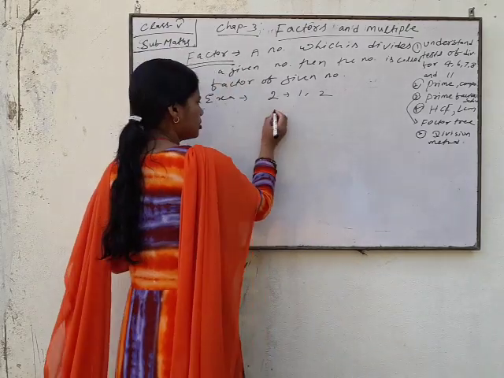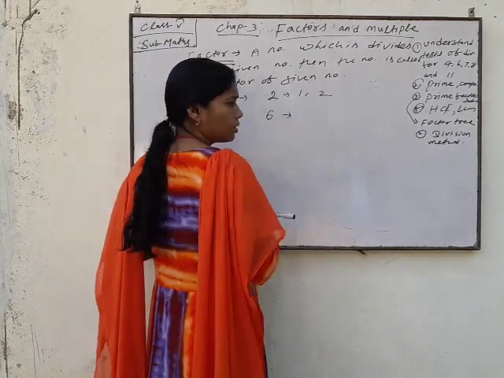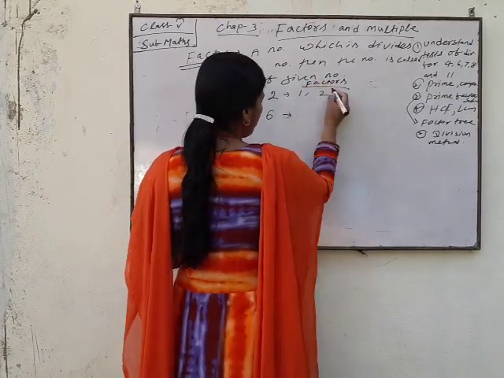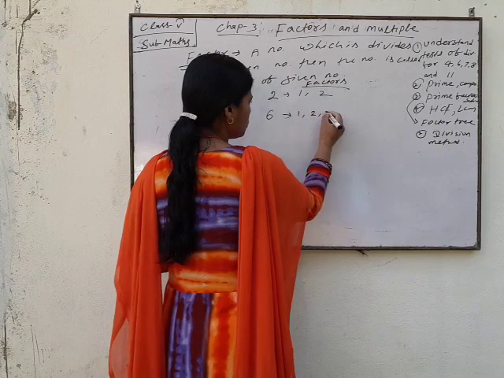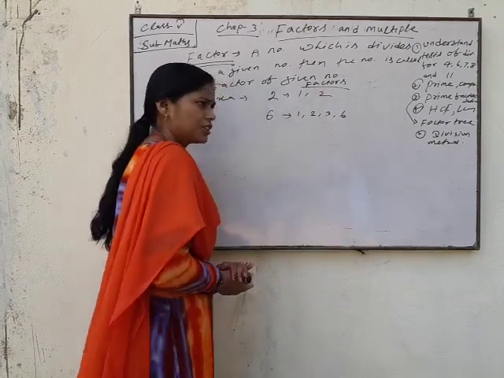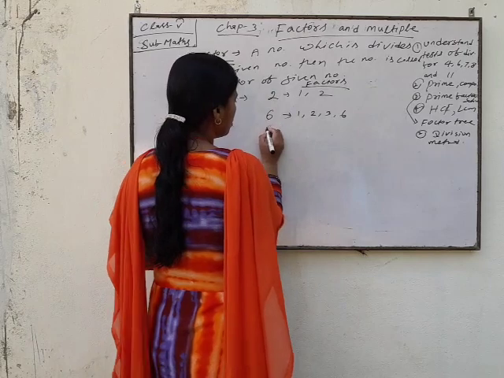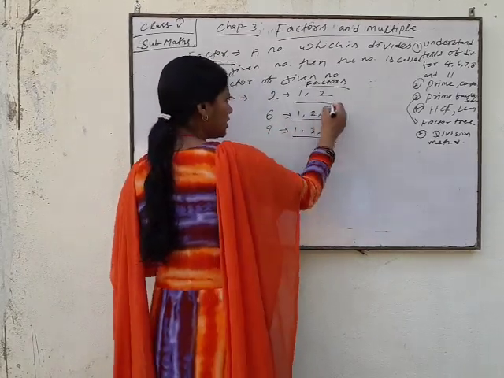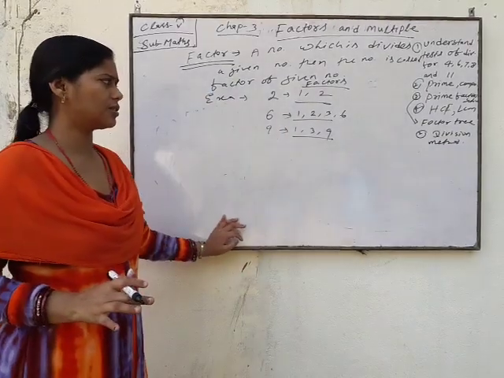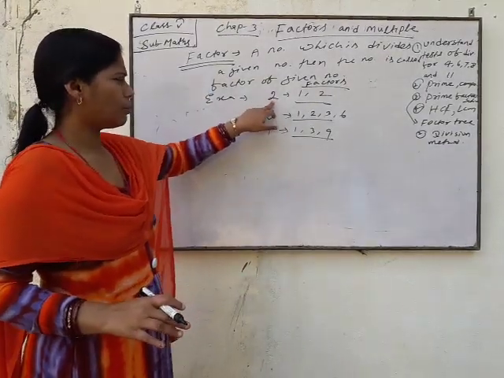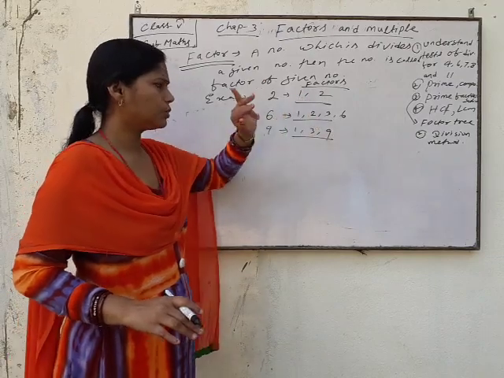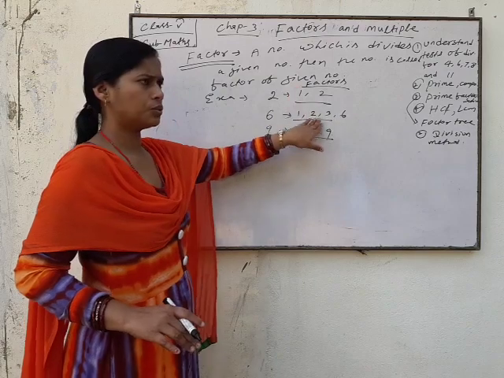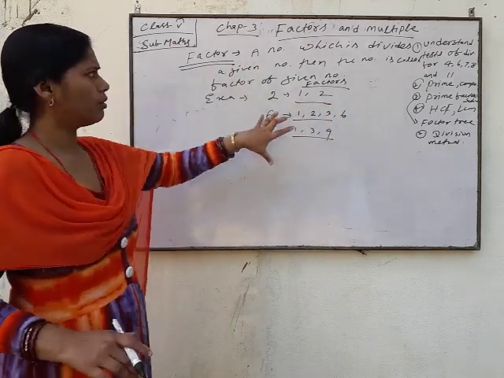The same way, the factors of 6 are 1, 2, 3 and 6. The factors of 9 are 1, 3 and 9. These are the factors of the given numbers. So 6 is completely divisible by 1, 2, 3, 6.